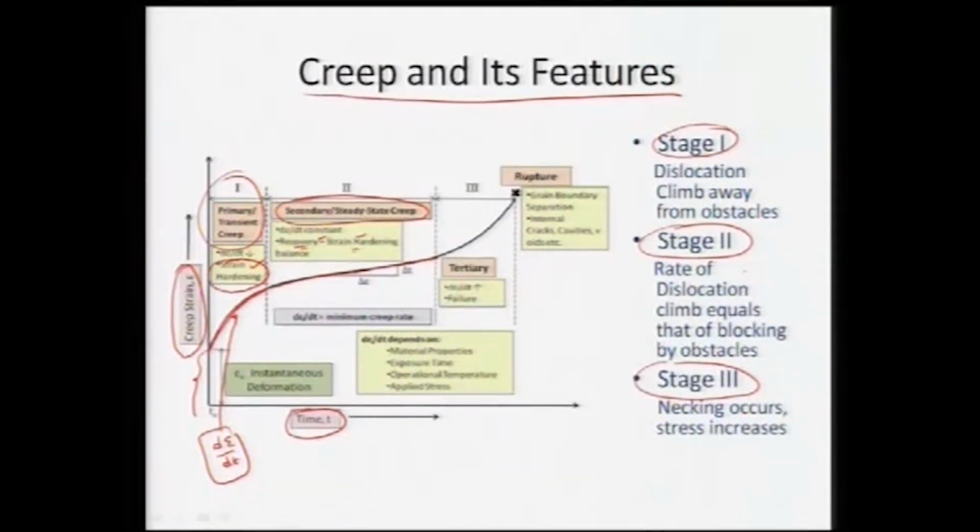So, what we can see here is the rate of dislocation climb equals the blocking that occurs by the obstacles, and this is nothing but the minimum creep rate, and this is the prolonged duration. This is the dominant factor incurred in the second stage, and that dictates the lifetime of the material.